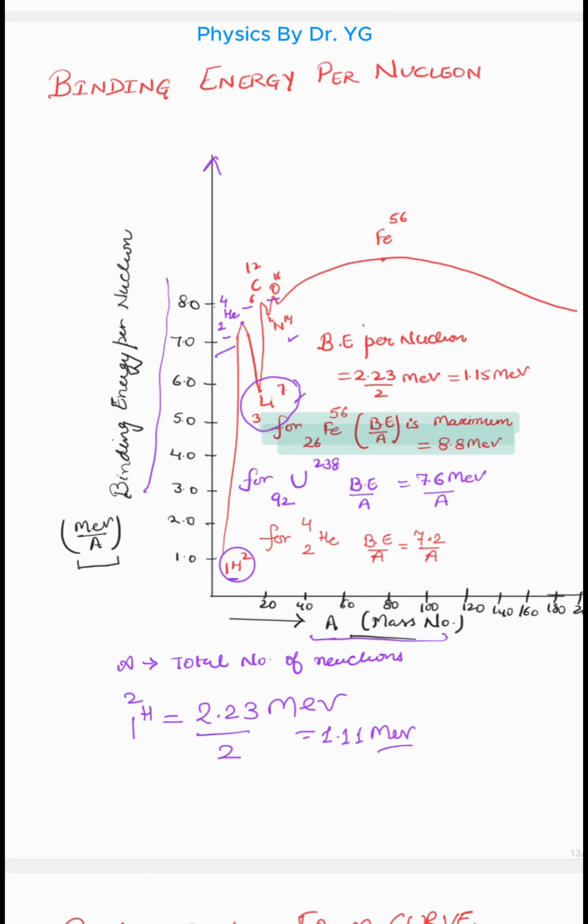Now we will also see that the highest value of binding energy per nucleon is observed in the case of iron nuclei. Because iron nuclei show the highest value, we must remember it, because sometimes in the exam the examiner may ask which nuclei shows the maximum value of binding energy per nucleon.